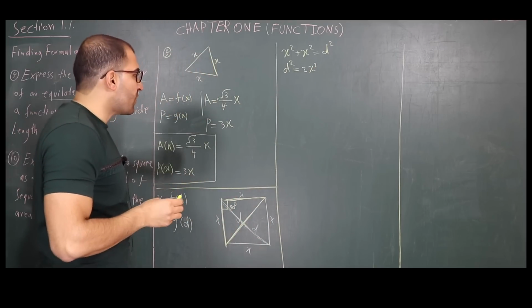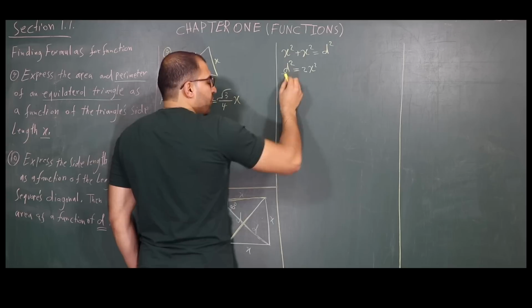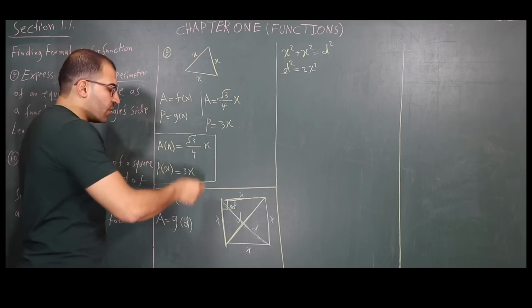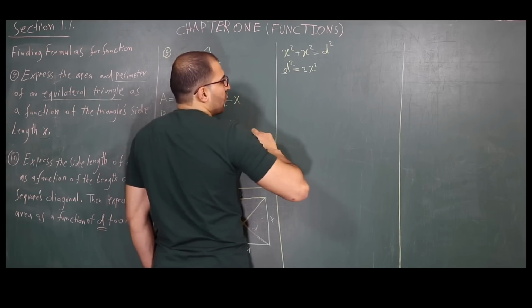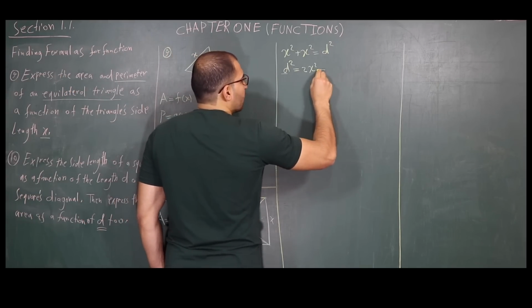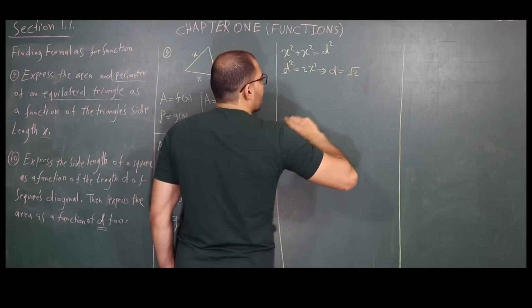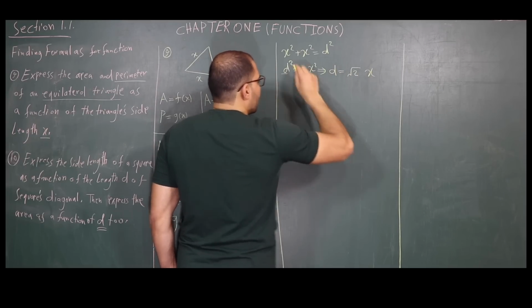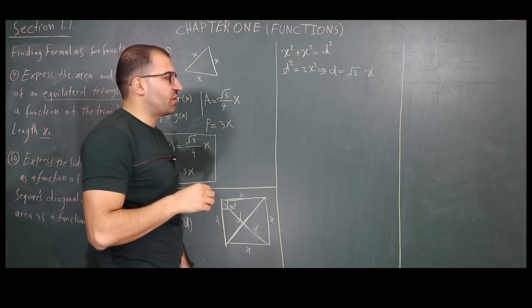Okay, so I need to express x. Both x and d are positive because they represent just length. So taking the square root of both sides, d equals the square root of 2 times x. I don't need to put absolute value because both values are positive.